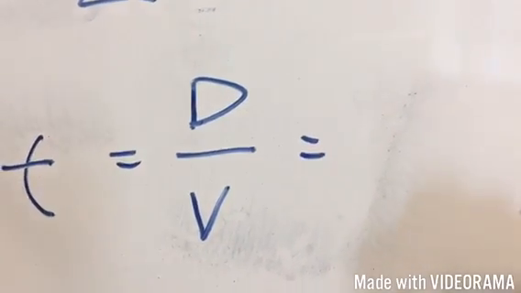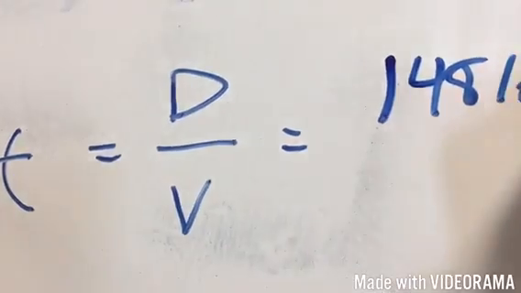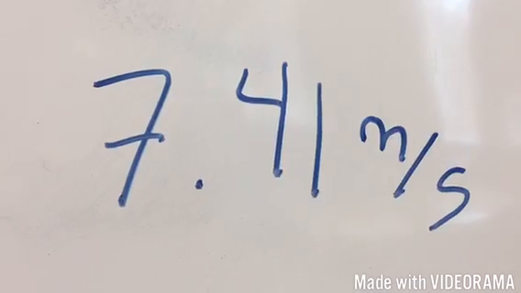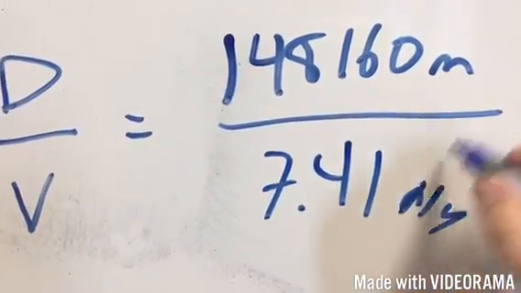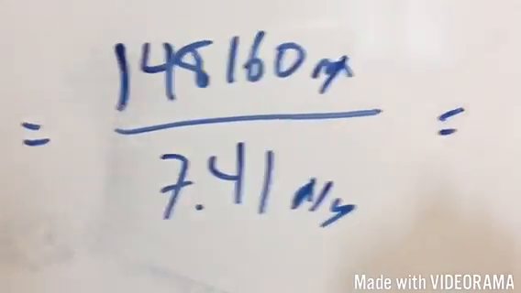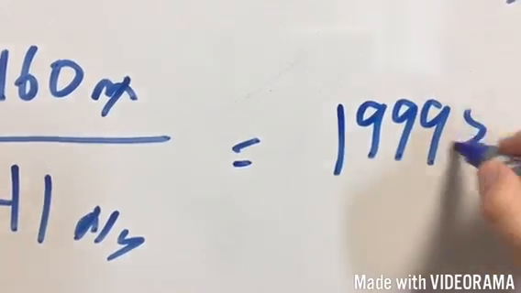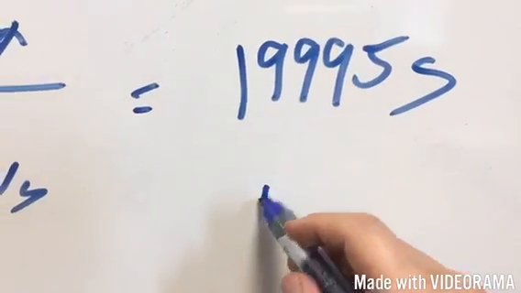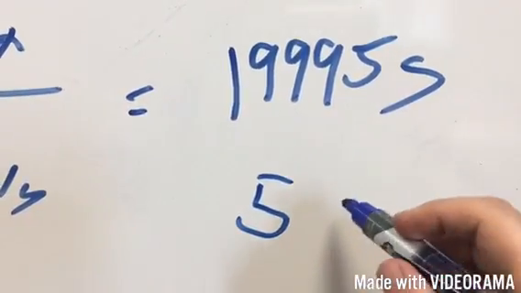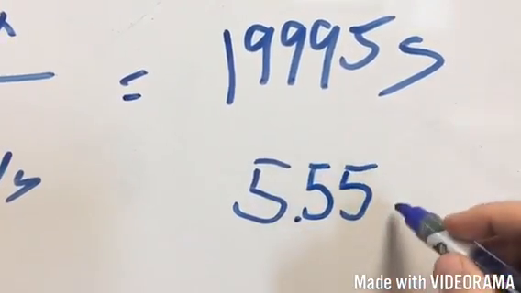So from our distance of 148,160 meters and our velocity, C naught over 2, of 7.41 meters per second, we knock those off, and this comes to about 19,995 seconds. Or if we want to put that in more normal terms, we divide this by 3600 and we get about 5.55 hours.